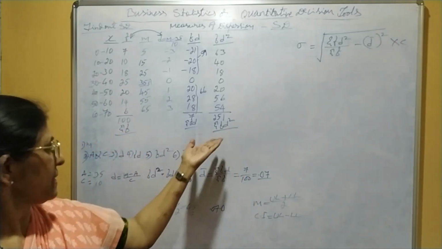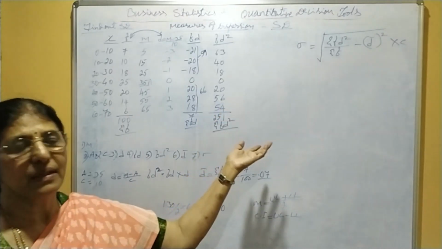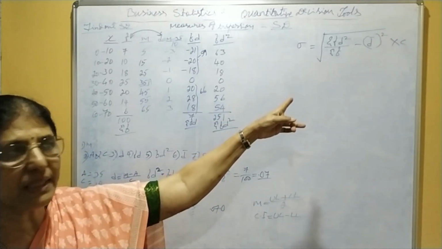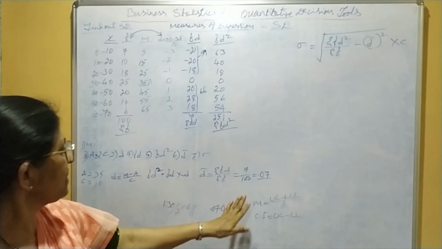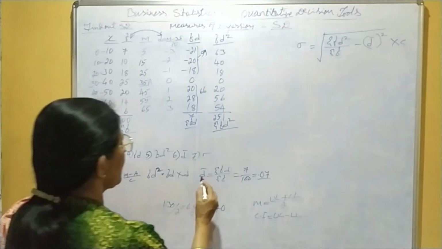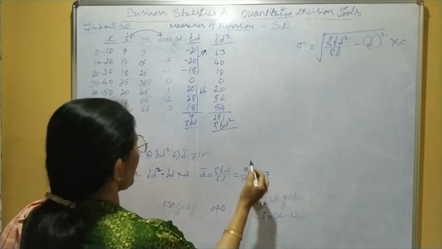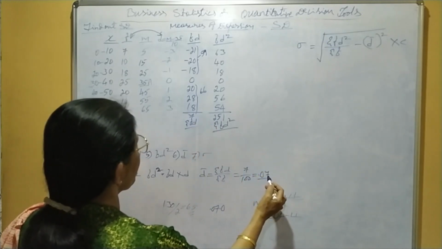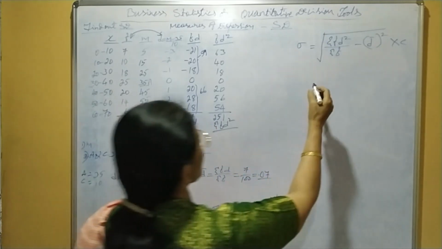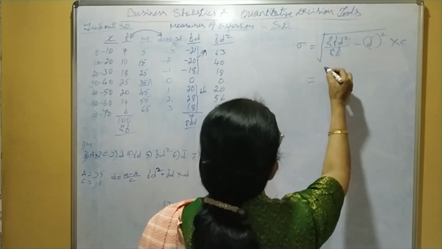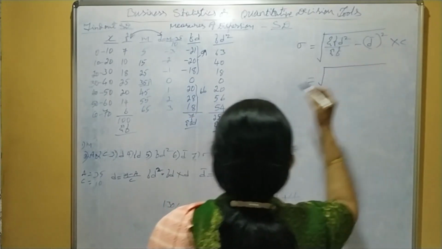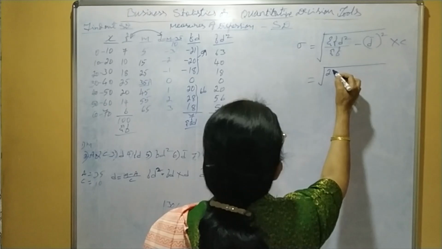Now, whatever calculations you have already done, the same calculations you have to take here also. D bar equals sigma FD divided by sigma F. Sigma FD 7 divided by 100, 0.07. Then to find the standard deviation, again you will get the same values here also.